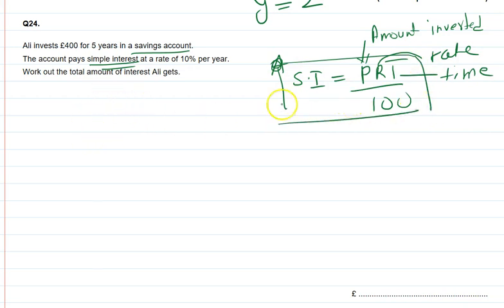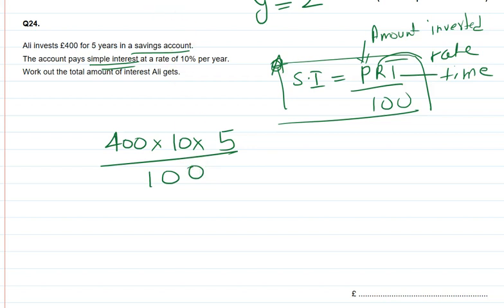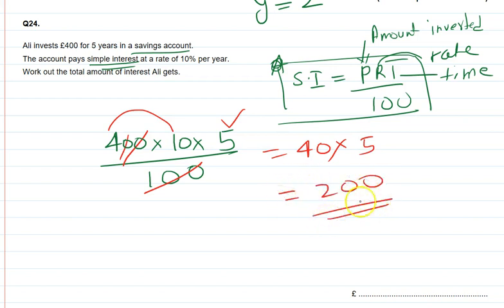So here P is 400, rate is 10 and time is 5 and divide by 100. So these two zeros cancelled out. 4 times 10 is 40 and 40 times 5, that is 200. So that will be the simple interest.